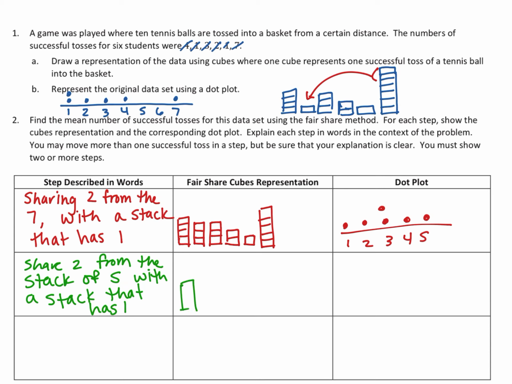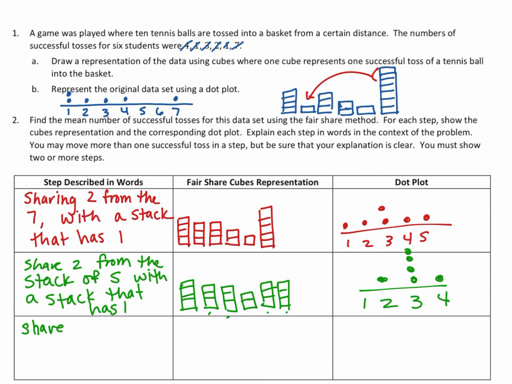So now I have a stack of 4, a stack of 3, a stack of 3, a stack of 2, a stack of 3, because 2 of them went over here, and another stack of 3. Let's make that a little longer. So none that have 1, 1 with 2, 4 that have 3, and 1 that has 4.